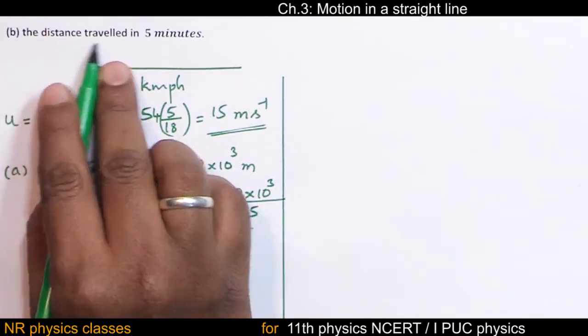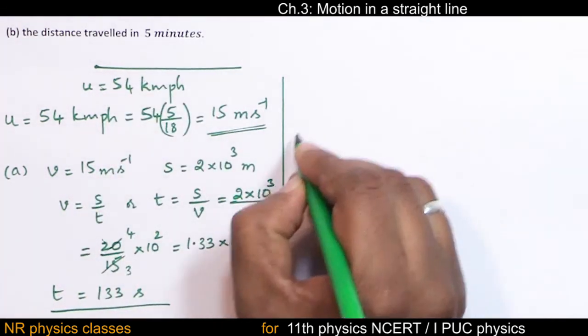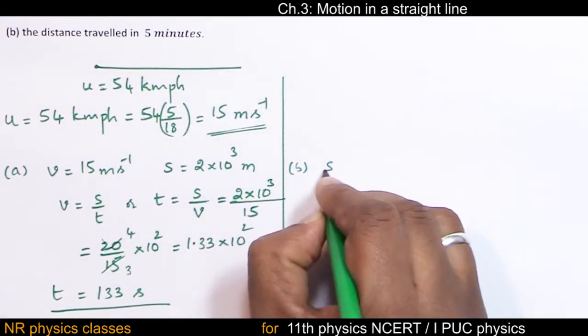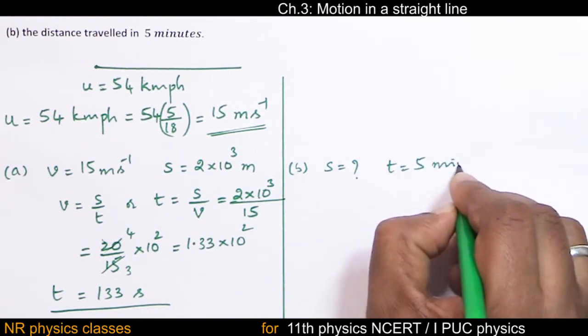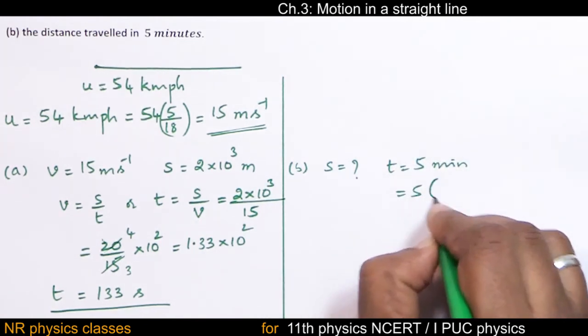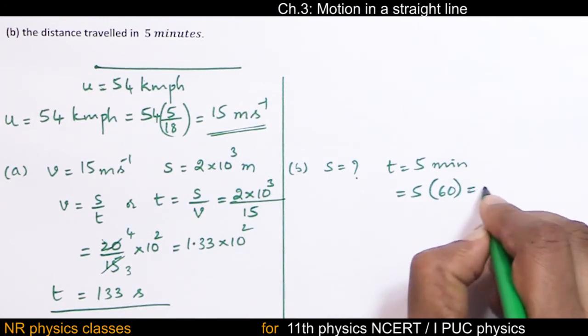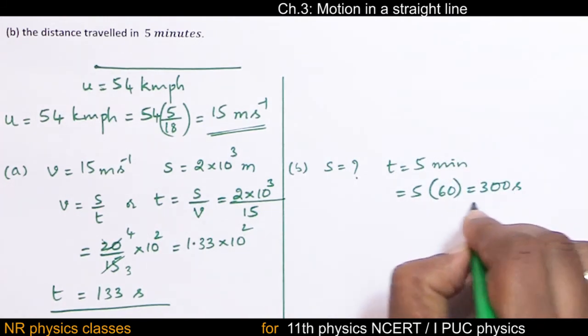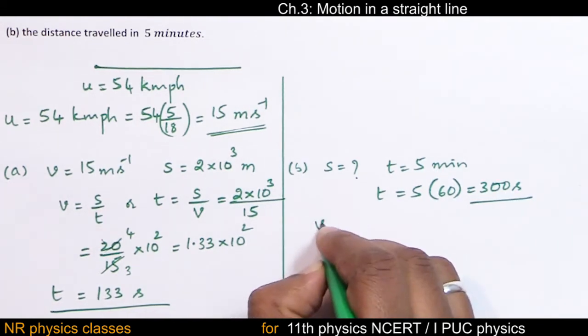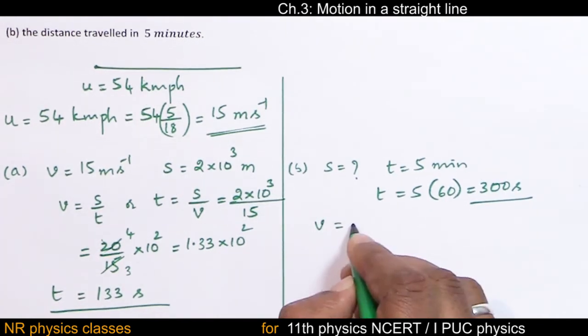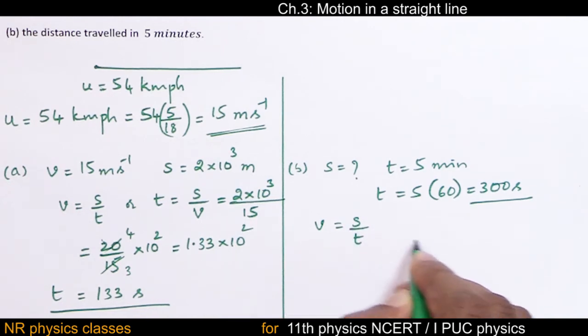Second, the distance traveled in 5 minutes. Distance S, time 5 minutes. 1 minute is 60 seconds, so 300 second. V equals displacement by time.